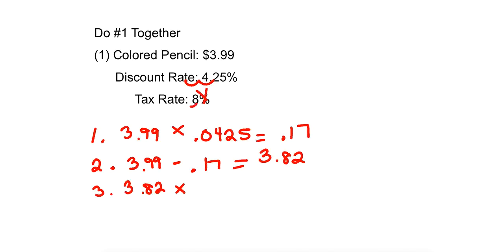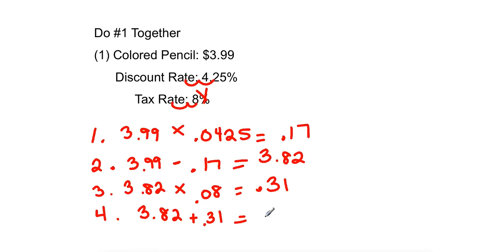In this case, taxes are a little bit more, 0.08. And that gives me 31 cents. Again, check your rounding. So now I need to take my $3.82 plus my 31 cents. And that gives me $4.13 total.